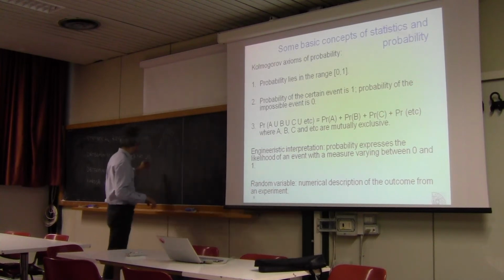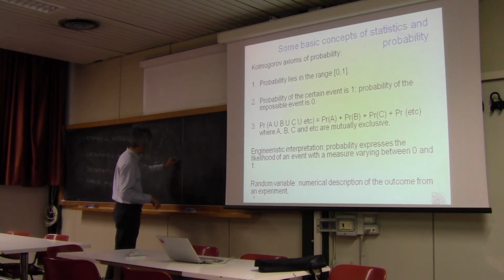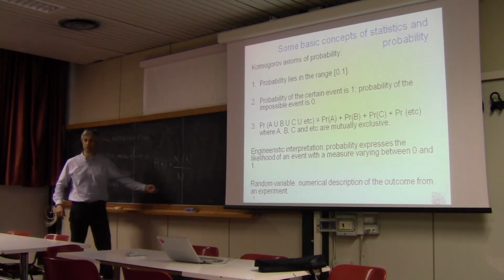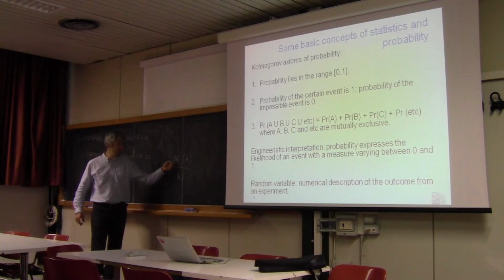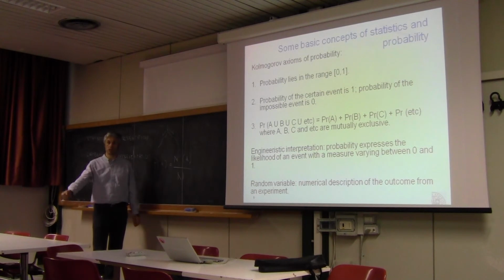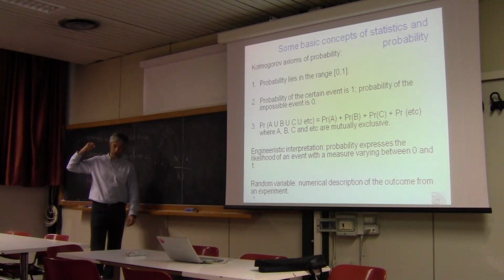So basically he will say that the probability of A is given by nA divided by n, where n is the total number of experiments and nA is the total number in which you got an A outcome.